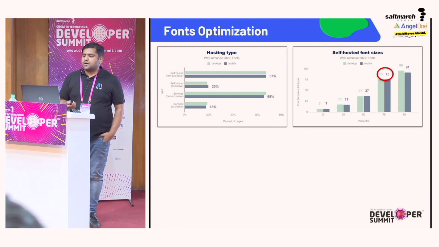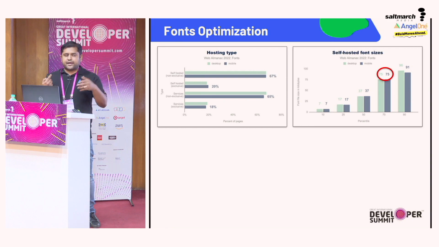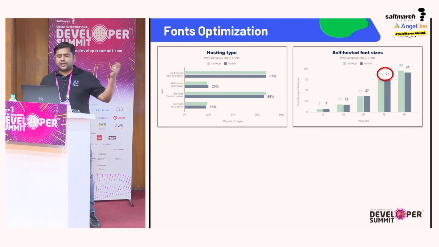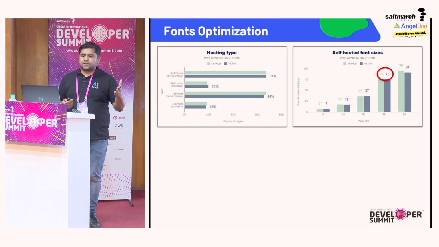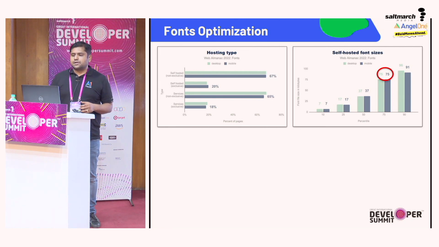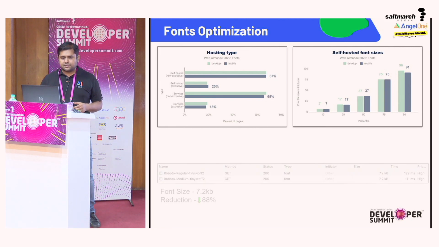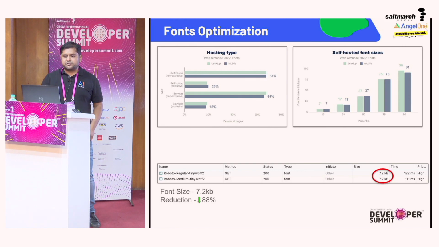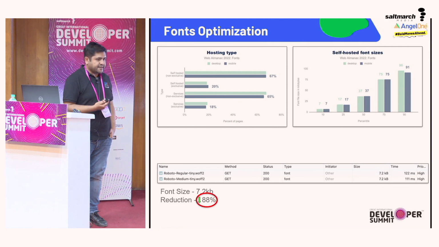What we did, we downloaded the Roboto font online and ran it through tools. One was Zero Lab Tools, which I mentioned earlier, which gives you good detail of what all characters your page is using. We removed everything extra, whatever is not needed from the page. The result was that our font size reduced to 7.2 KB. So from 65 KB, the reduction was to 7.2 KB. That's an overall reduction of 88%.